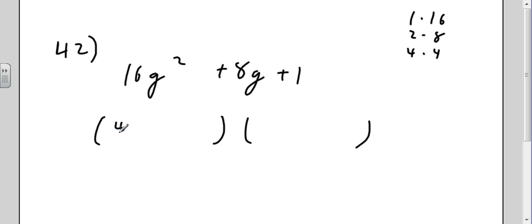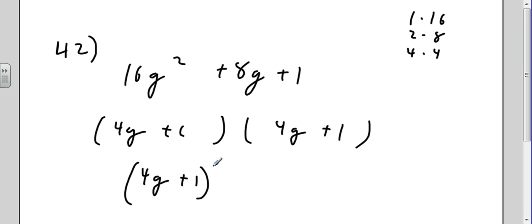So I'm going to call this 4g plus 1, 4g plus 1. And then I'm going to say, well, gee, that's 4g plus 1 squared, and then I'd be true to my calling as a math major. So I could do that.